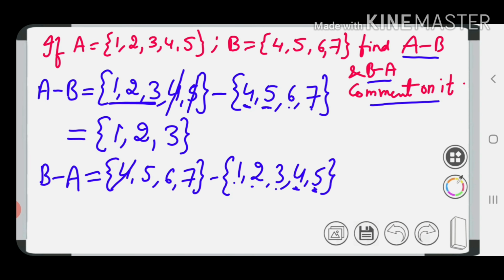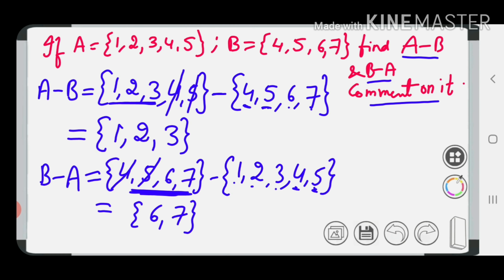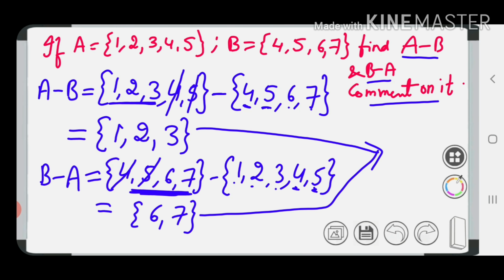And 5, yes, cut. The remaining elements in the first set are 6, 7. If you observe, these A minus B and B minus A are both not equal. This is {1, 2, 3}, this is {6, 7}. So we can say that A minus B is not equal to B minus A.